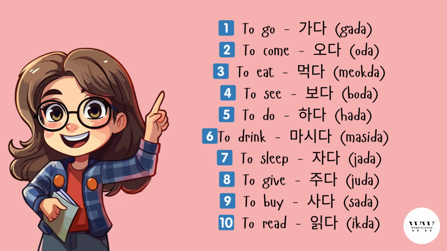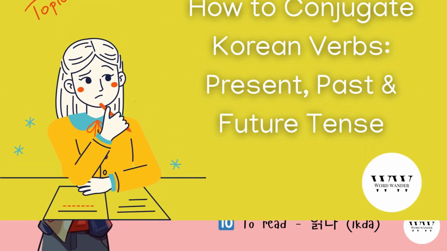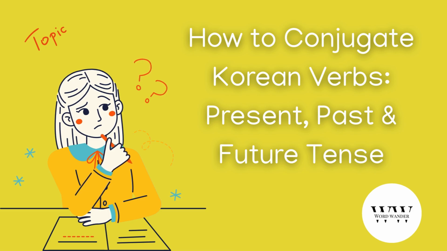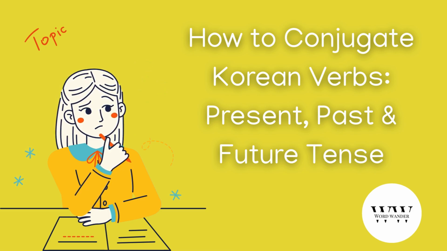To do, 하다. To drink, 마시다. To sleep, 자다. To give, 주다. To buy, 사다. To read, 읽다. Now that we've refreshed our memory, let's move on to conjugation.